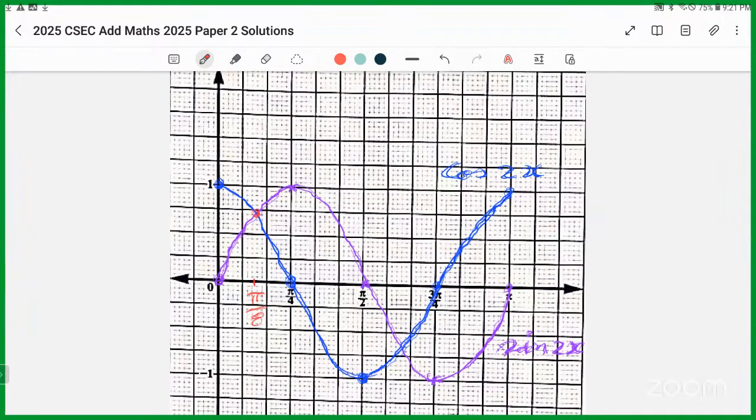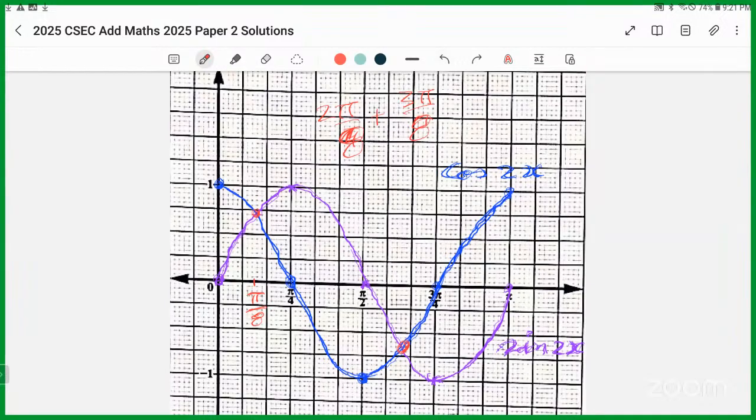And they also intersect here, which is right in between pi by 2 and 3 pi by 4. So that's pi by 2 plus 3 pi by 4, divided by 2. Pi by 2 is 2 pi by 4, so adding 2 and 3 gives 5, which over 8 is 5 pi by 8.